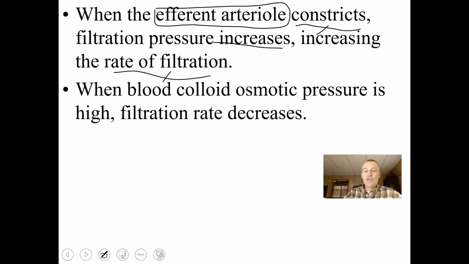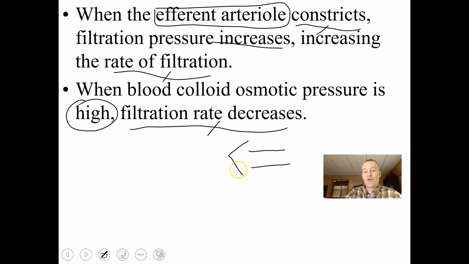So when you have an upset in the balance of your blood colloid osmotic pressure, so for example, let's say it's really super high because you have a lot of salt in it perhaps, then the filtration rate will decrease. Okay, so there will be a great pressure going back from the capsular space towards the glomerular capillaries. There will be a great pressure because of that high solute concentration in the blood.